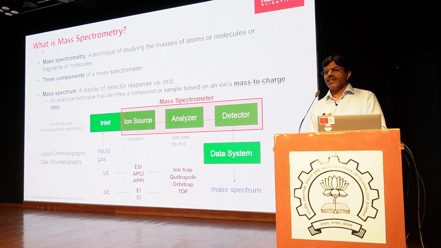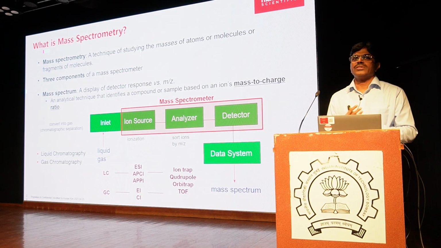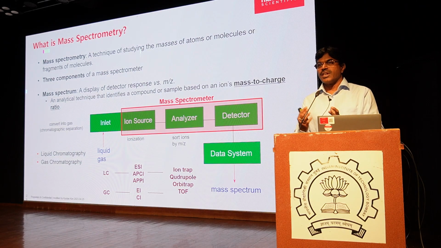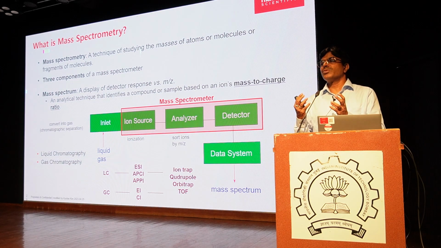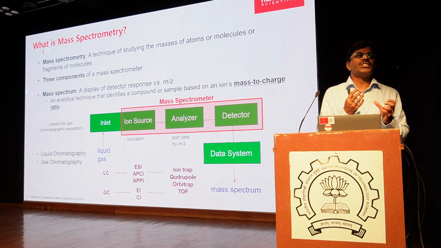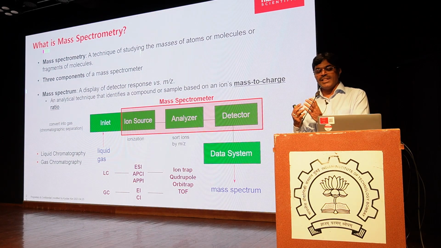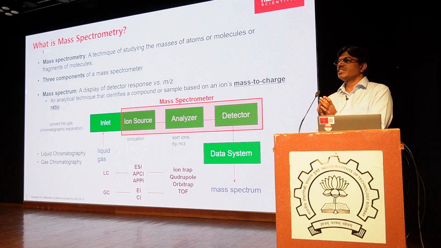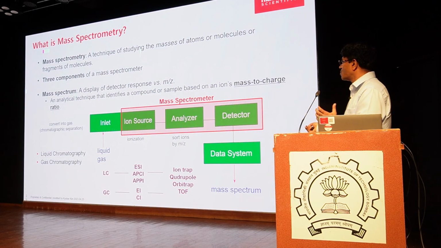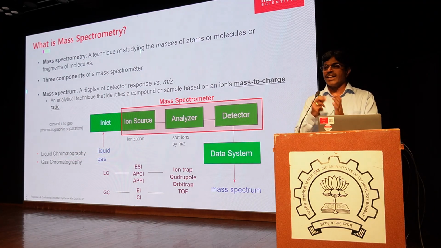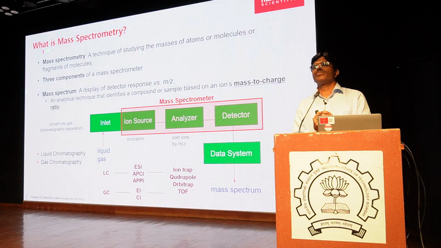Basically, any mass spectrometer, be it a GC-HRMS, an LC-MS, or an ICP-MS, has the first component as the ion source, because a mass spectrometer can work only with charged particles. Once the ions are generated, we have the analyzer to separate those ions. The analyzer is nothing but different types of mass spectrometer.